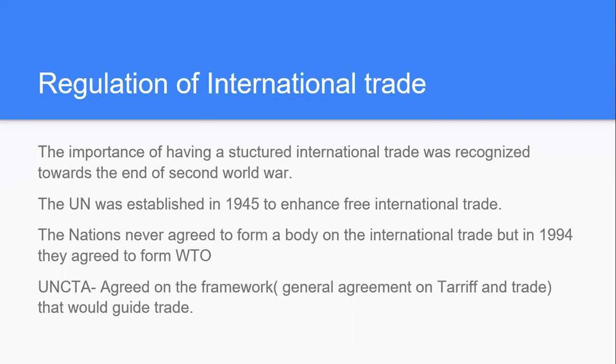After forming the UN, the nations agreed on a framework called the GATT, General Agreement on Tariffs and Trade, that will act as guidance on aspects related to trade. This framework became a pseudo organization in 1947. Okay, let us continue.